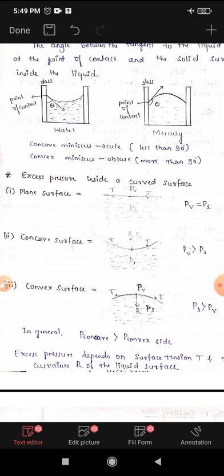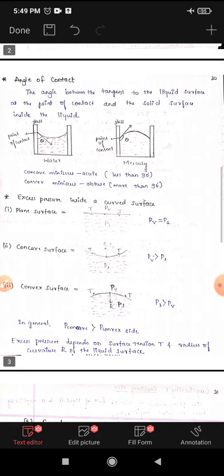That's why the pressure of the vapor or gas molecules outside the liquid is the same as inside the liquid, because both are experiencing pressure only due to the atmosphere, and neither has anything regarding the surface tension. So the pressure of the vapor is equal to the pressure of the liquid, that is, the inside pressure is equal to the outside pressure in the case of a plane surface.